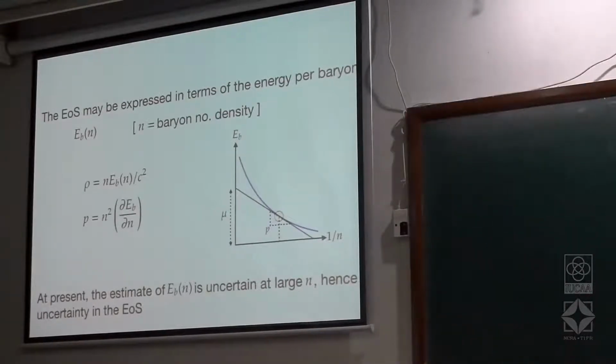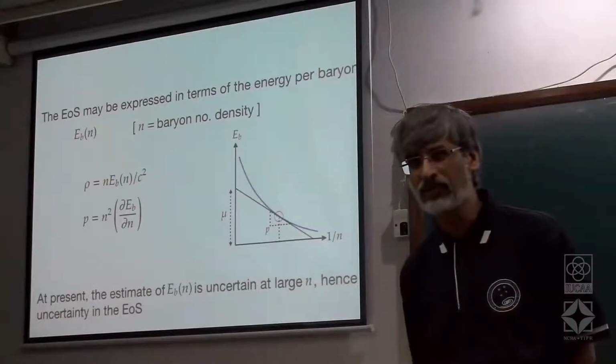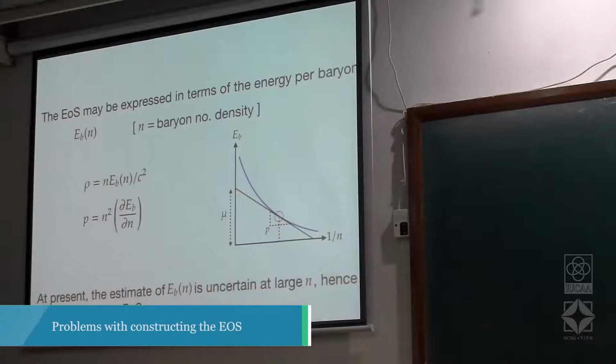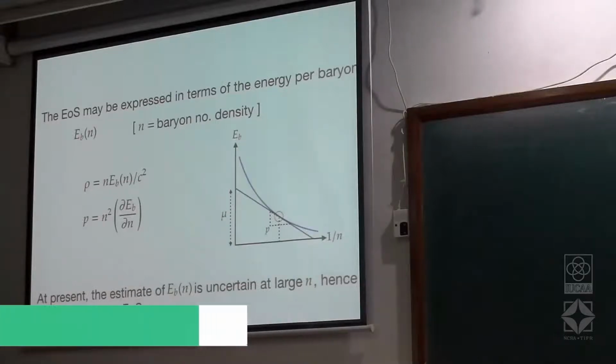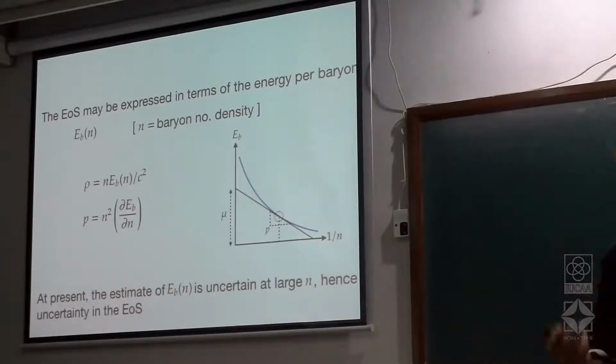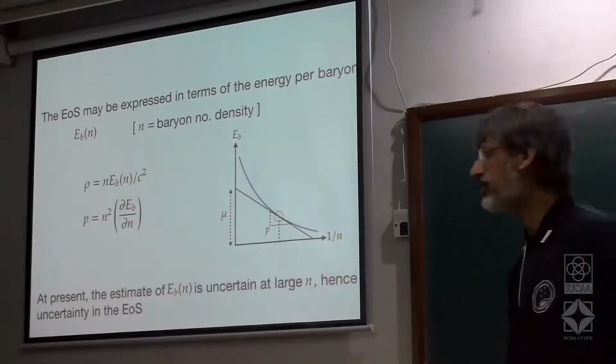We have predicted various manifestations of strong interactions. They have all been verified. The standard model is doing reasonably well. So why is there a problem of computing this energy per baryon as a function of density from first principles, which means from quantum chromodynamics?